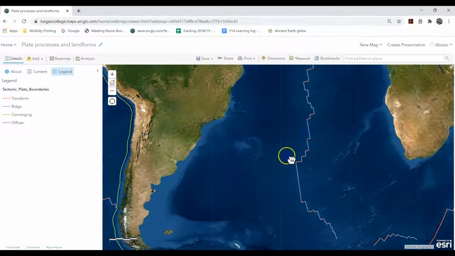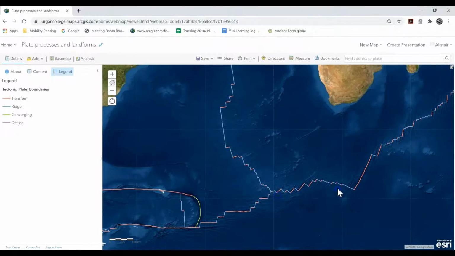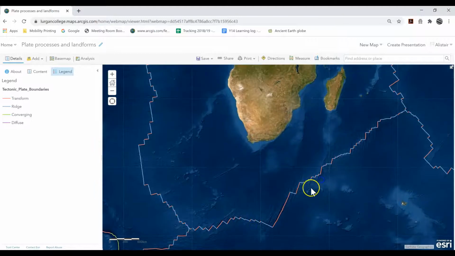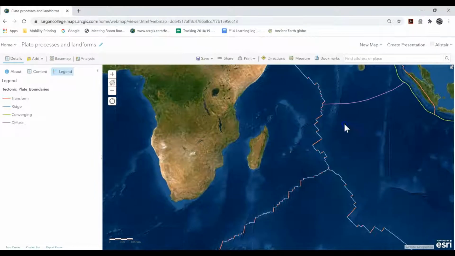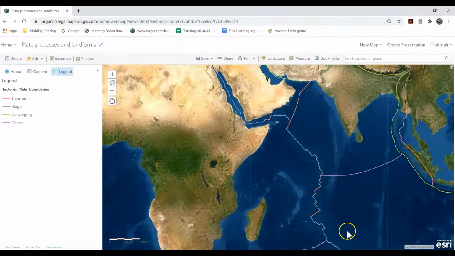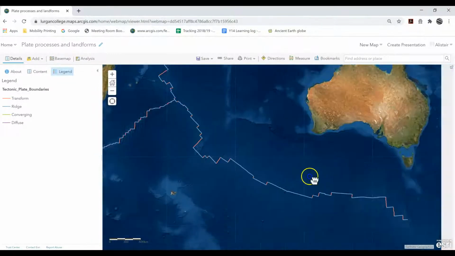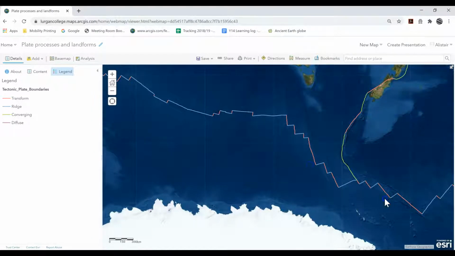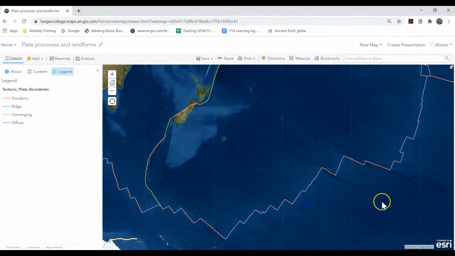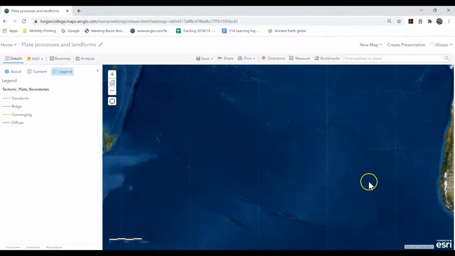You can see that these central rift valleys and the ridges are bisected a lot by these transform faults, the red running all the way around here. So if we follow all these ridges, you'll see them all the way around here into the South Pacific, up the East Pacific Rise.